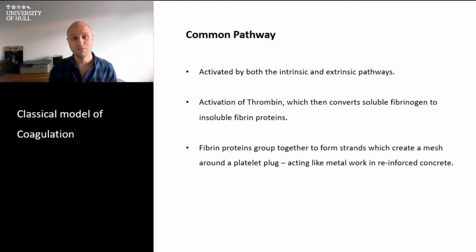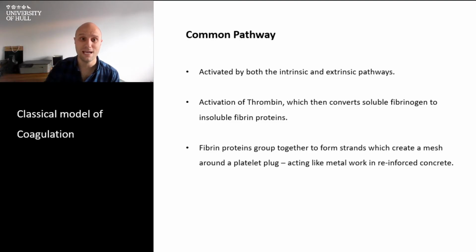And the common pathway, as I said before, is this point where those two classical extrinsic and intrinsic pathways come together around the formation of thrombin, which is the master factor, if you like. It's involved in lots of different points in the coagulation pathway from this point onwards.